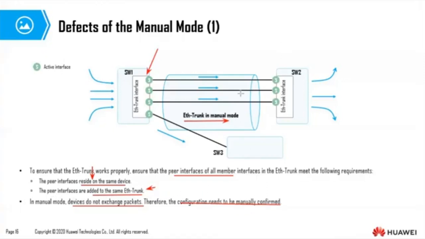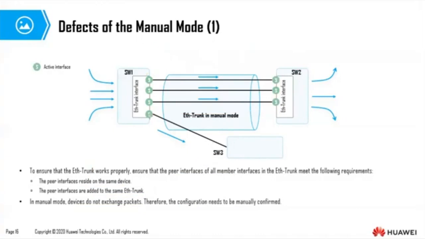So in this example, you can see we have switch 2 and we have switch 3. The mistake we've made here is this link. For this Ethernet trunk to work properly, this link is supposed to be connecting to switch 2. But we've added this interface to this Ethernet trunk, and it's connected to a different switch. So are you seeing that we're going to forward data incorrectly?